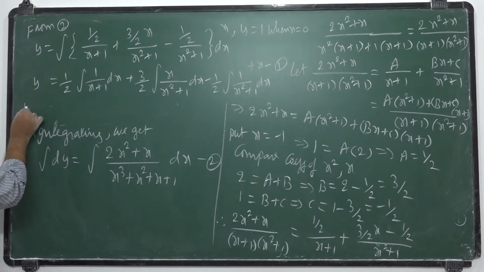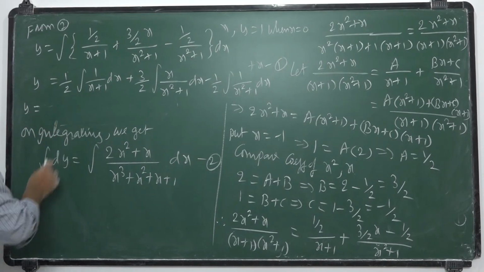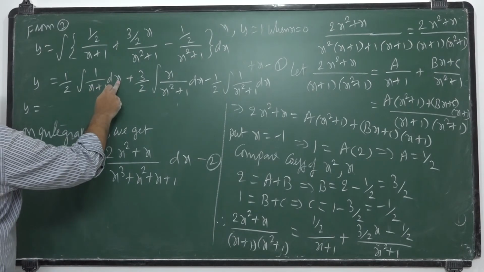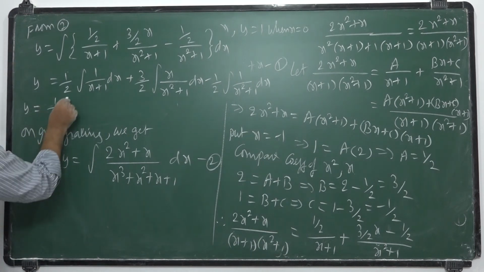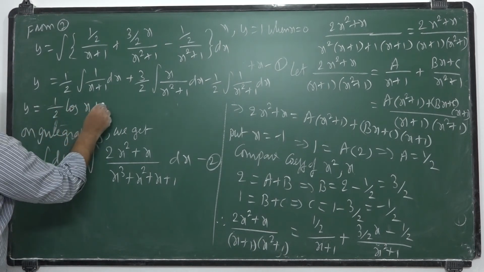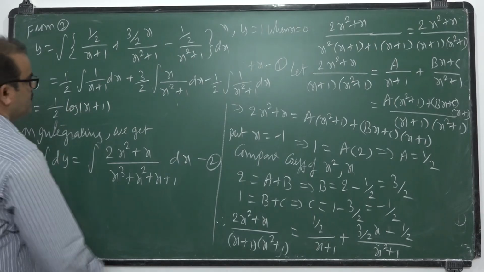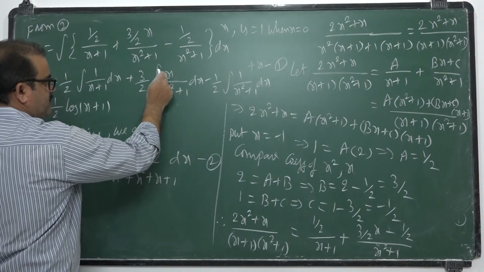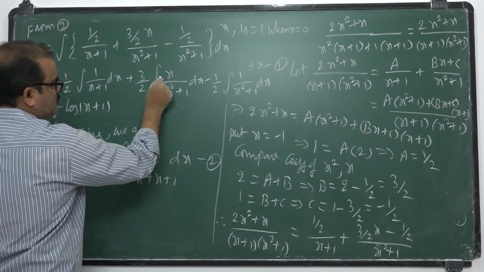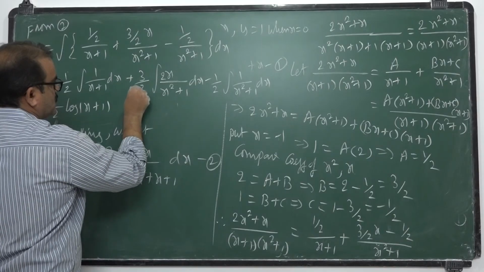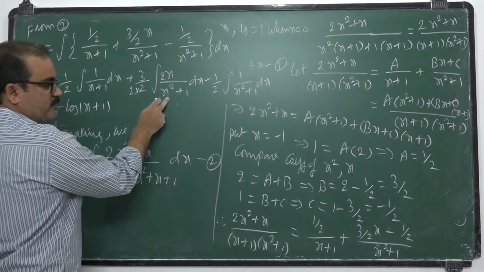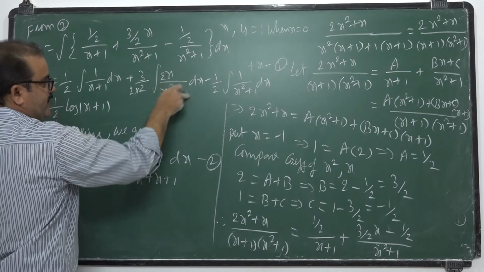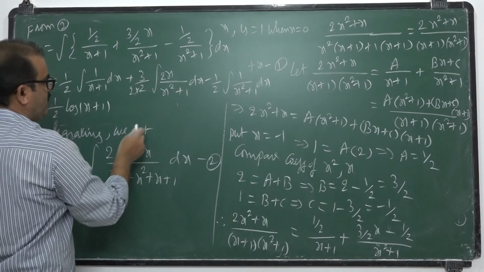Y is equal to, now integrate. It is in the form of integral 1 by x dx, that is log x. So 1 by 2 into log of (x plus 1). See here, multiply and divide with 2. The numerator becomes the derivative of the denominator. If the numerator is the derivative of the denominator, its integration is log of the denominator.